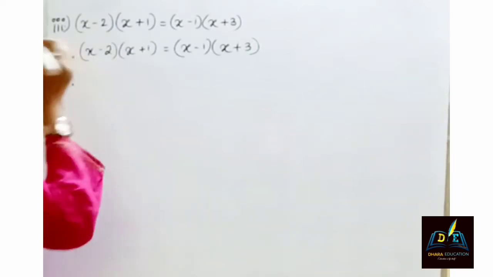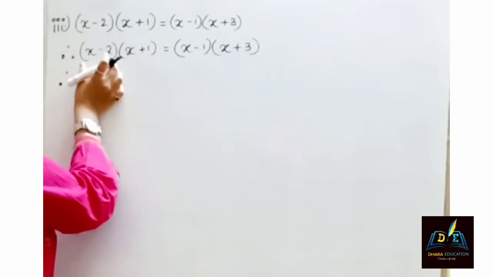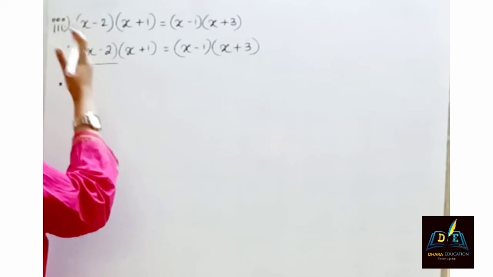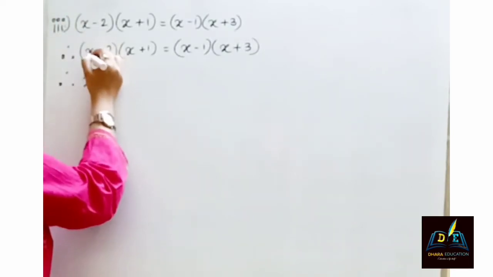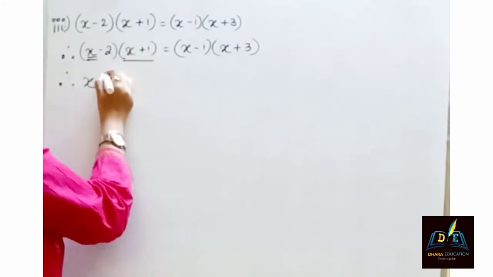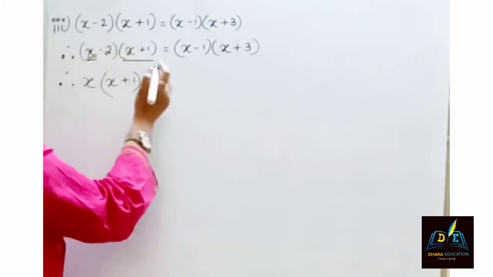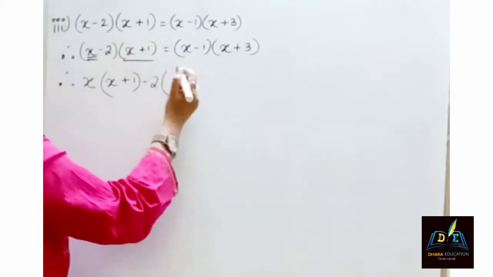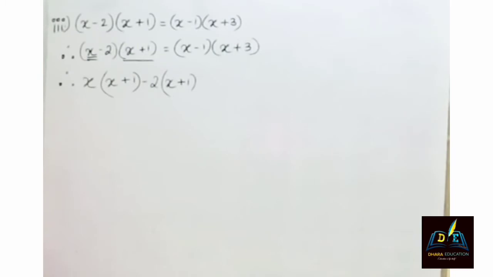So please be very clear while watching it. This particular term I have to break into two terms, that is x. This x I have taken and then multiplied with this complete term, x plus 1, minus 2 as it is, again 2, and then again we multiply with x plus 1. Am I clear on this?